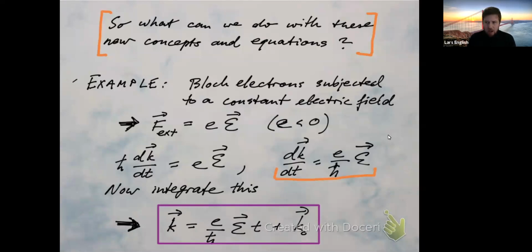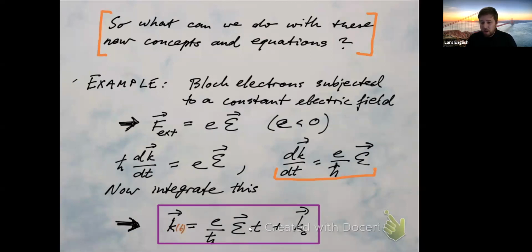So this is the explicit time dependence of, so I could say k of t here as well, if I wanted to. Yep, so this is an explicit time dependence of the k vector, right?